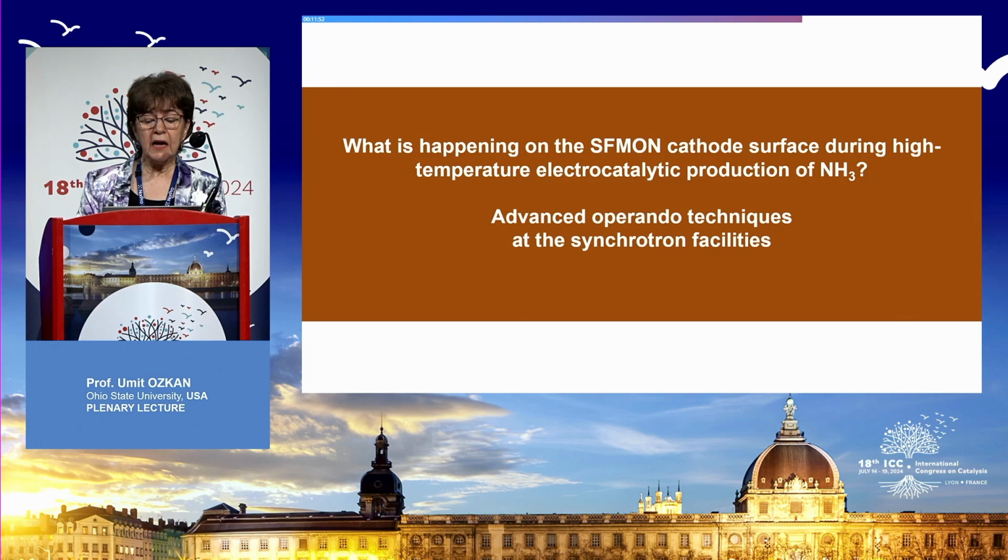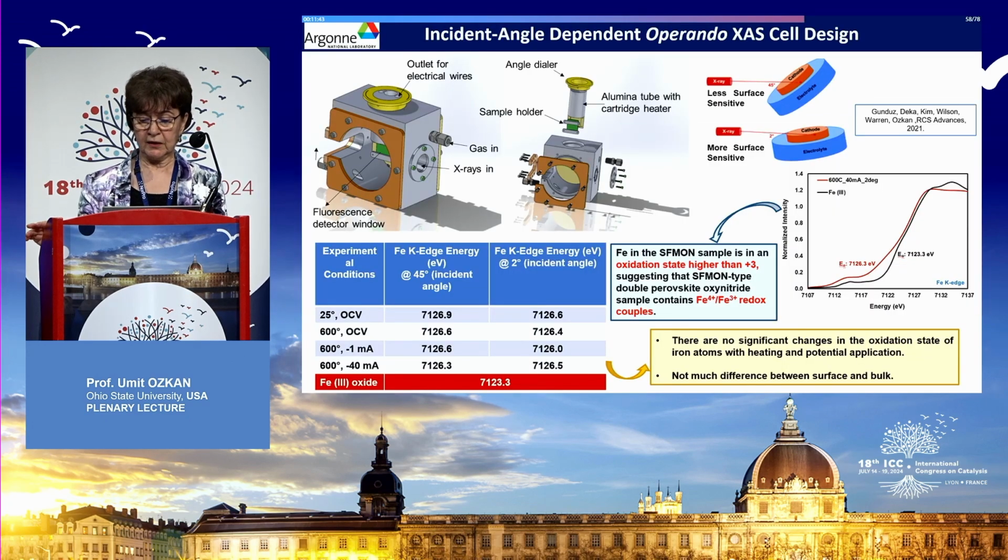Now, what's happening on the cathode surface during high temperature electrocatalytic production of ammonia? Again, this requires some synchrotron techniques, and again, we were using the synchrotron facilities at the Argonne National Lab. And here we have designed a cell where we're changing the incident angle of the operando X-ray absorption cell.